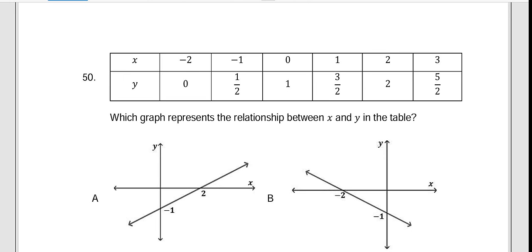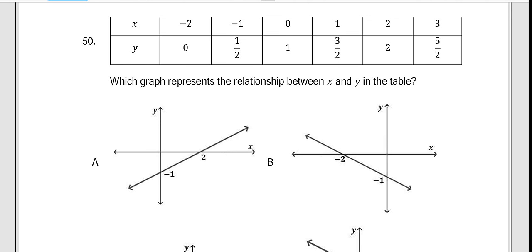Which graph represents the relationship between x and y in the table? Which graph? 0 and 1 is the y-intercept. I know that, guys. Y-intercept starts with 0. You know this. And then -2 and 0 is the x-intercept.